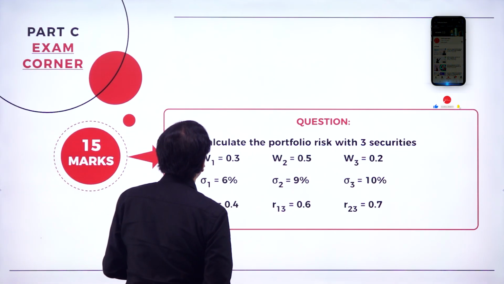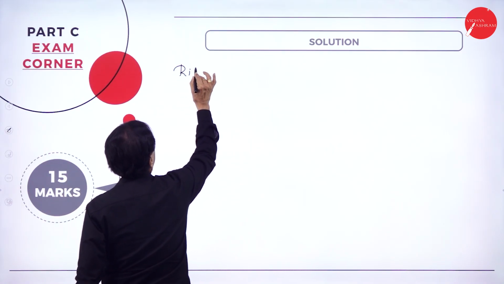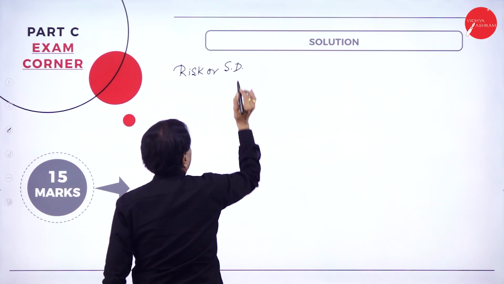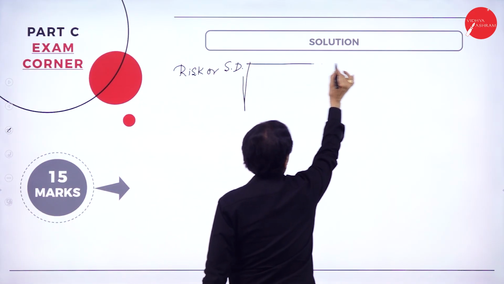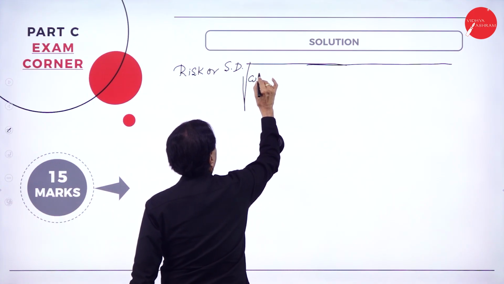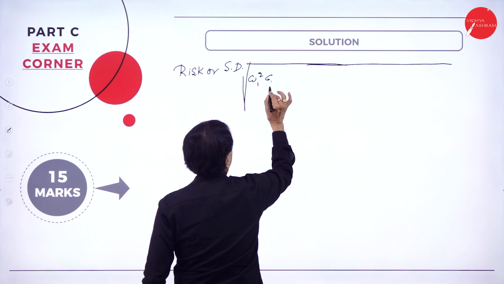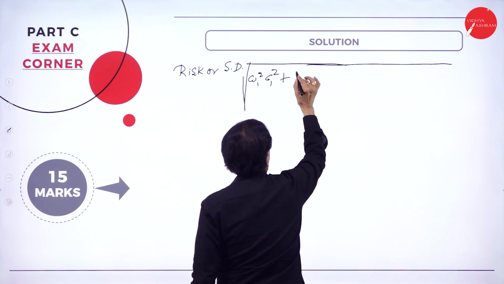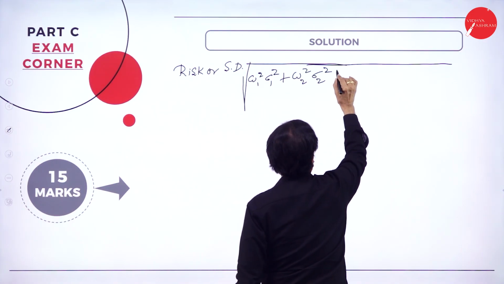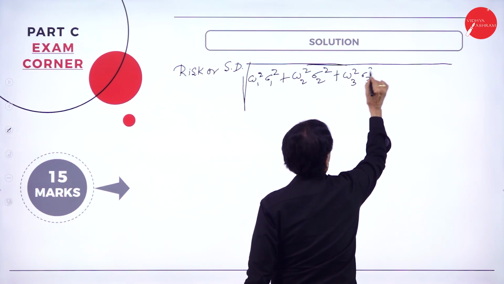I will write the formula. Risk or standard deviation is equal to root of W1 square standard deviation 1 square plus W2 square standard deviation 2 square plus W3 square standard deviation 3 square.